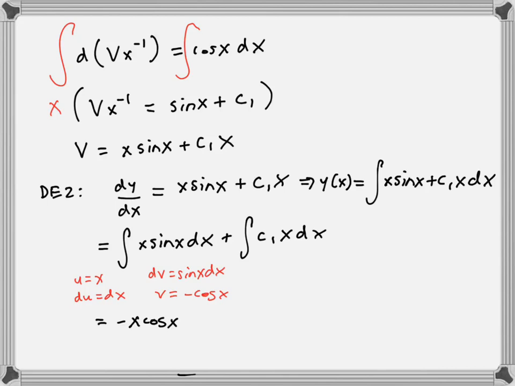A minus a minus is plus, so plus sine x, right? And then what about this integral right here? This is going to be c1 over 2 x squared and then plus c2. And so we've got our answer. This is our solution.